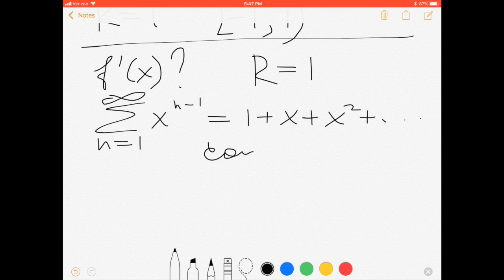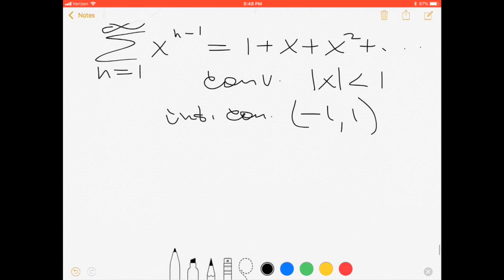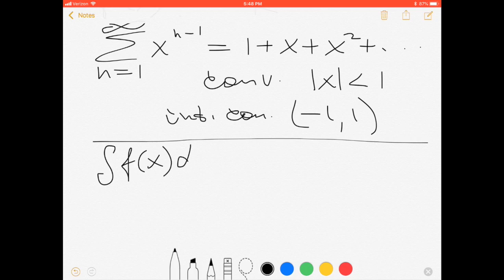It converges only if the absolute value of x is strictly less than 1. This means the interval of convergence will be the open interval -1 to 1. This is the difference between the function and its derivative. For the function, -1 is included in the interval of convergence; for the derivative, no.